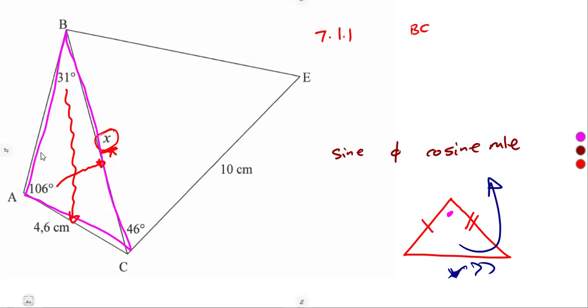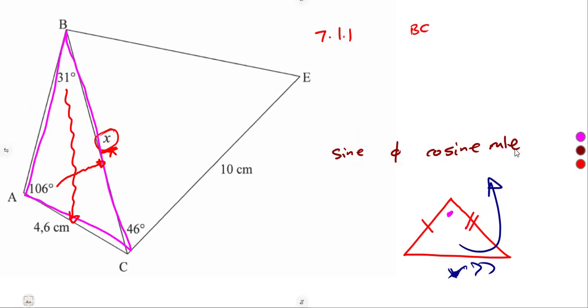If we were given side AB, we would use the cosine rule, but we are not given this side. We must have two sides and the angle in between to find the third side. That is the cosine rule. So this one was limited to the sine rule.